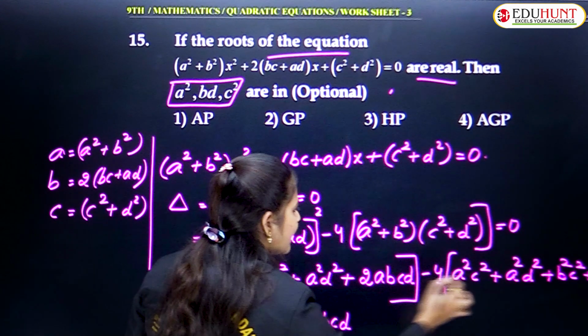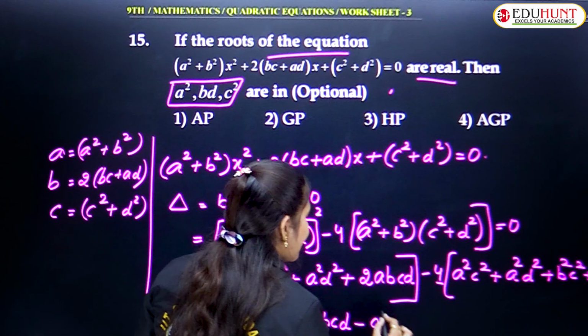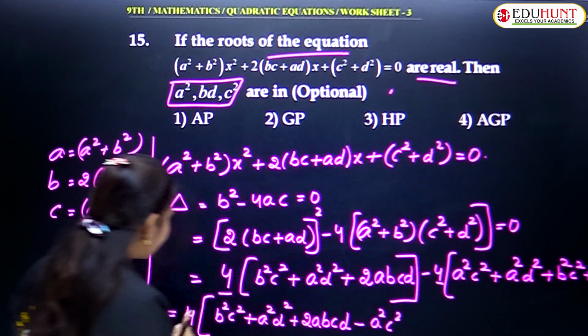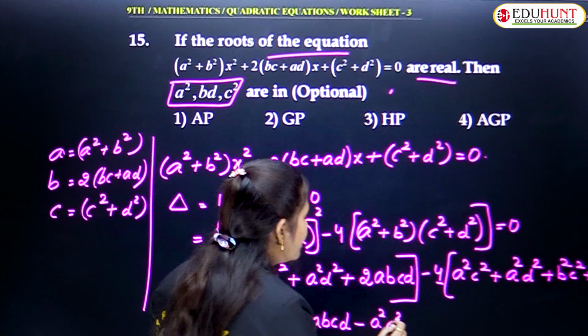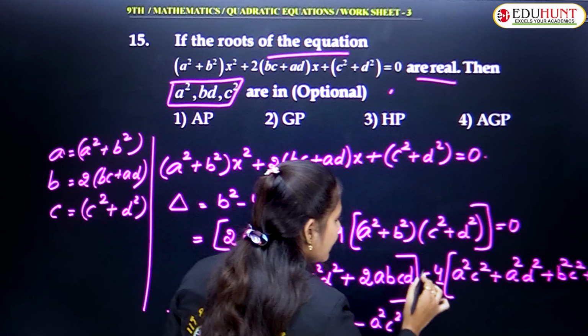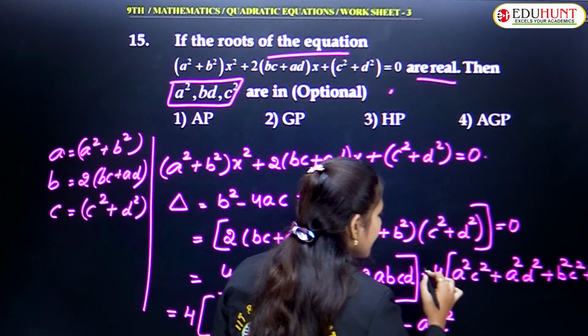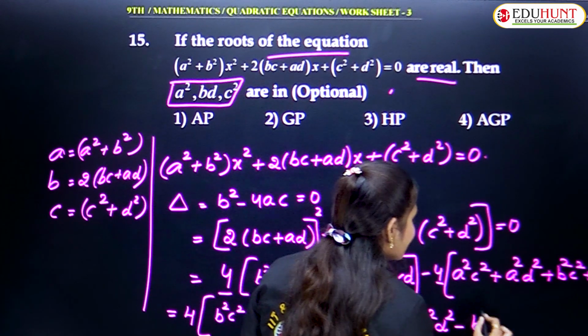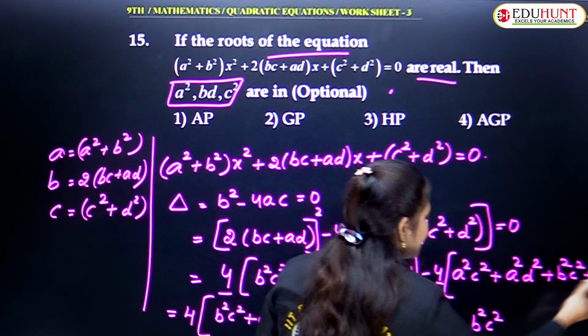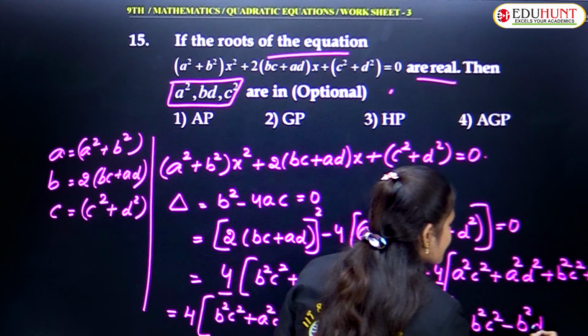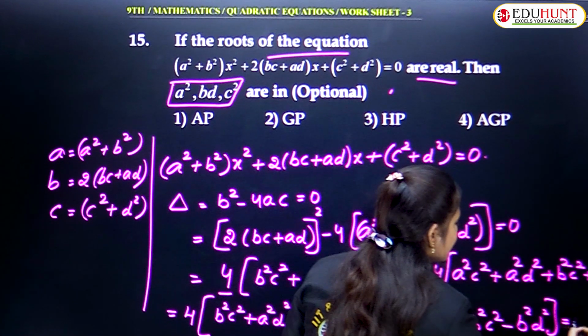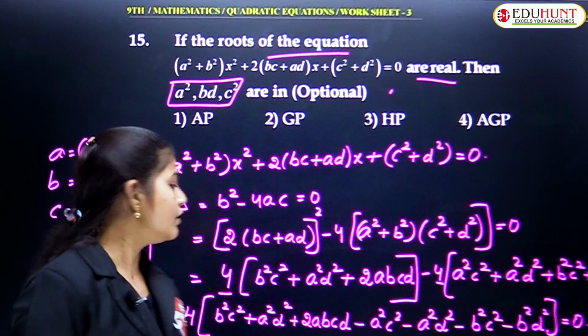Next, minus into plus is minus a square c square. Next minus a square d square. Next minus b square c square. Next minus b square d square, which is equal to 0.